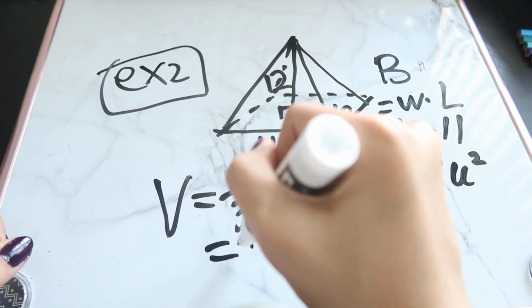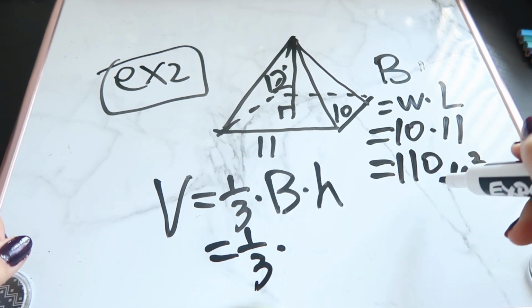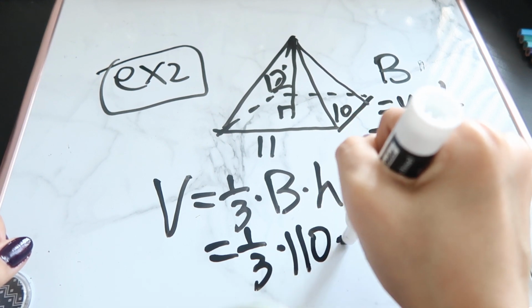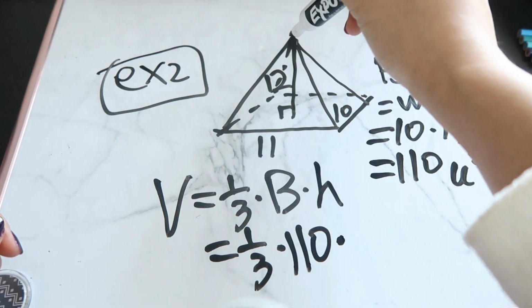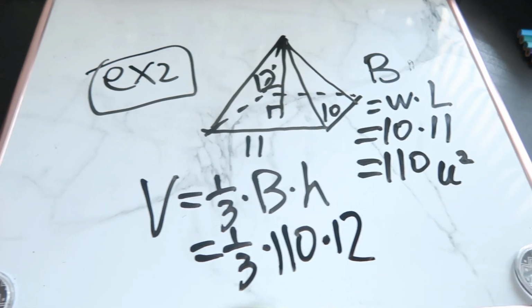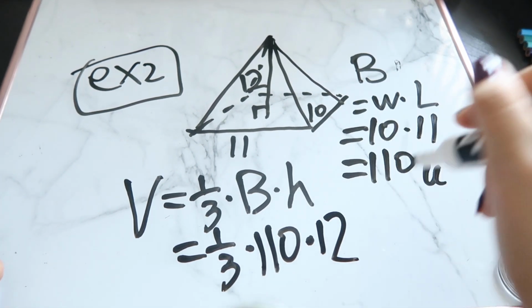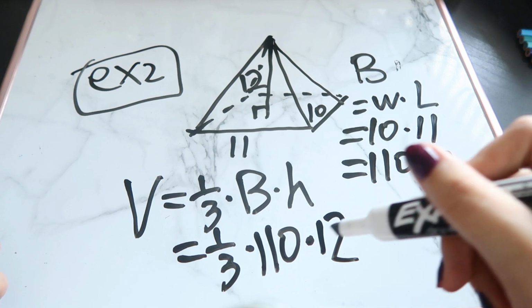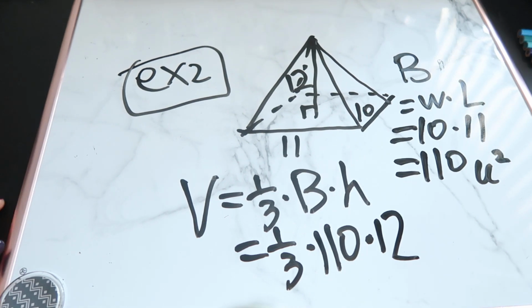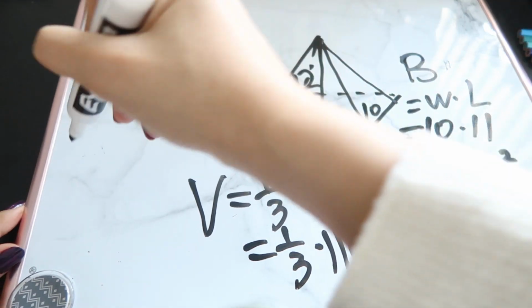Now it's 1/3 times B, which is 110, which we just got, and then multiply with the height, which is 12. So it's 1/3 times 110 times 12. If you have a calculator, you should be able to get the answer directly. If not, we'll just continue.